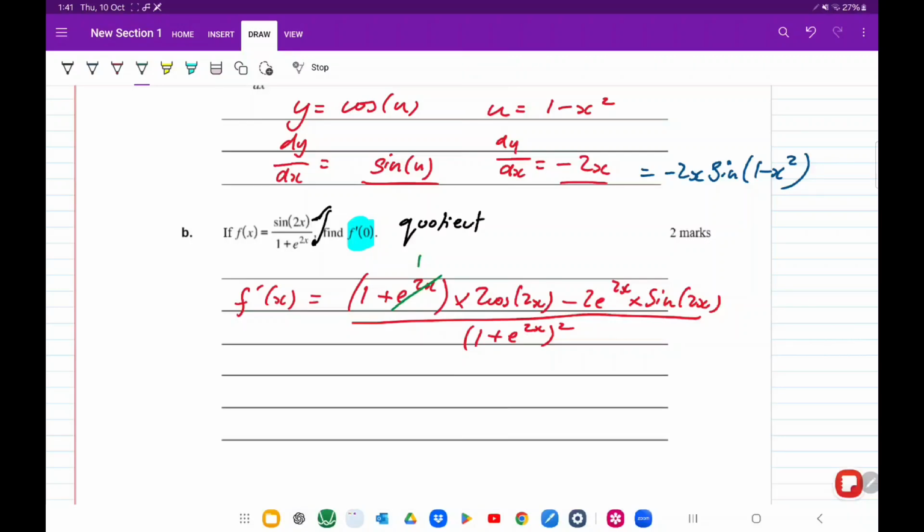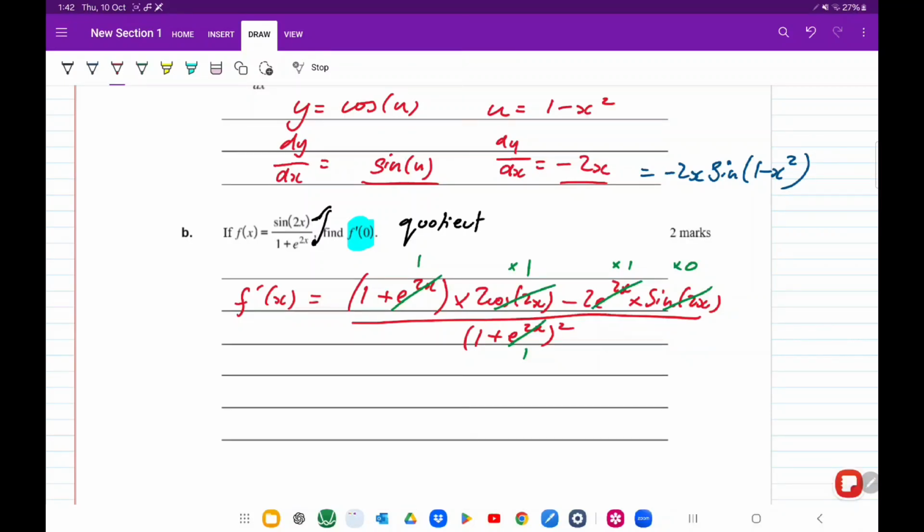If we substitute 0 into the cos component, this simplifies to 1, so times 1. This one up here simplifies to 1, and this one here simplifies to 0. And the bottom simplifies to 1.